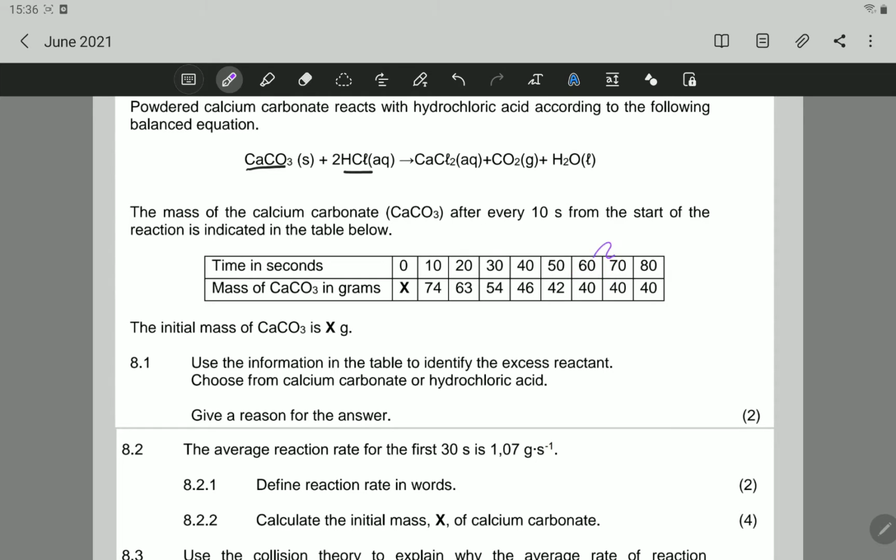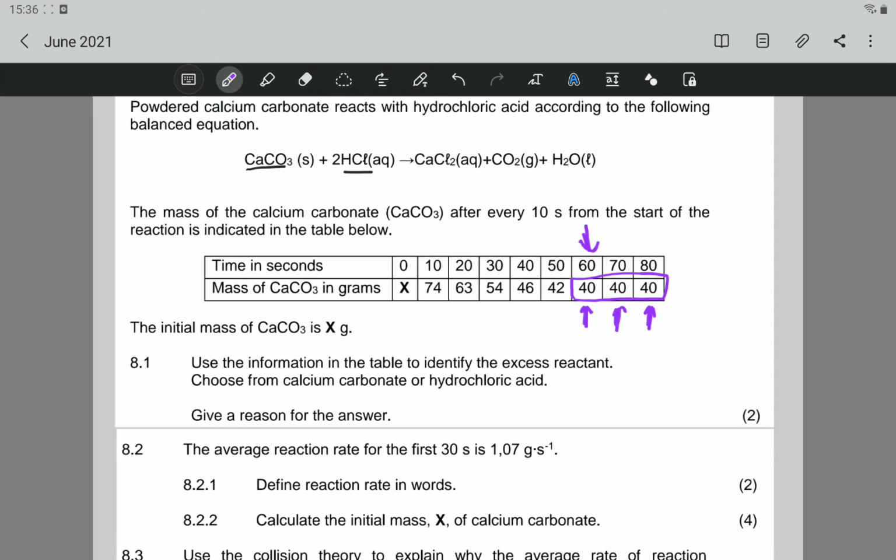When the time is 60 seconds, the mass of calcium carbonate stops decreasing, which means it stays at 40 for the rest of the table. That means that right here the reaction was done. However, when the reaction was done, we still did have some calcium carbonate, which means that calcium carbonate is in excess.